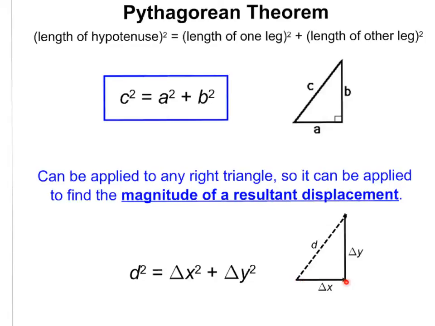If we have two displacements that we are adding together, delta x in this case, if we're using the xy plane, and delta y, we can use that Pythagorean theorem idea, if these are at right angles to one another, to find the resultant displacement. This is the resultant, and it happens to be displacement in our example here. So we can say that the displacement squared is equal to the change in x squared plus the change in y squared.